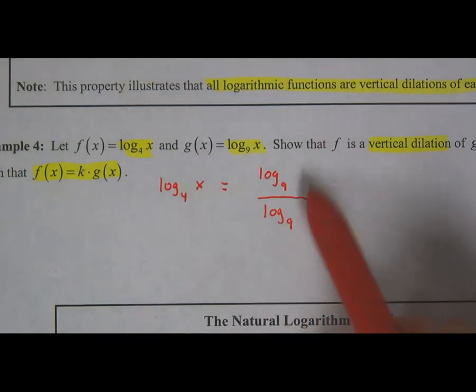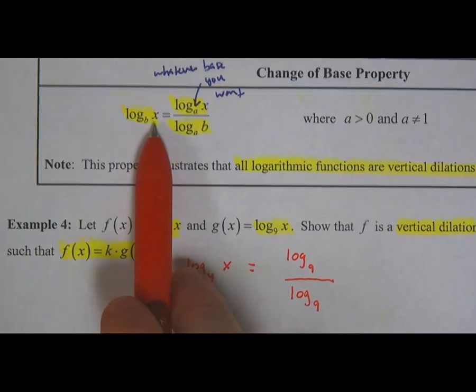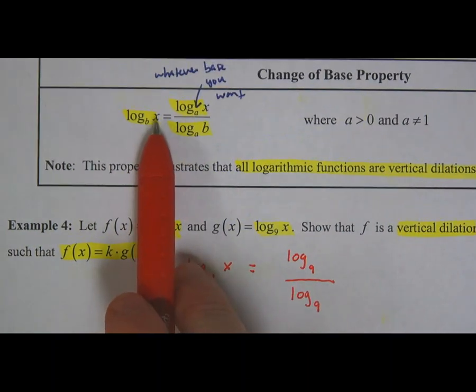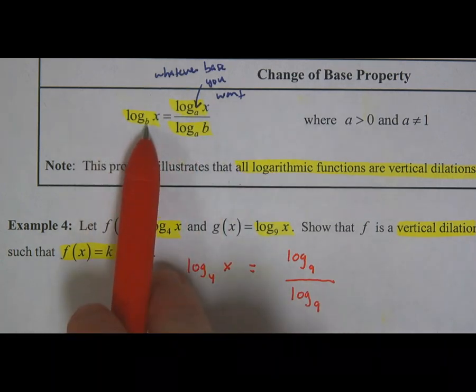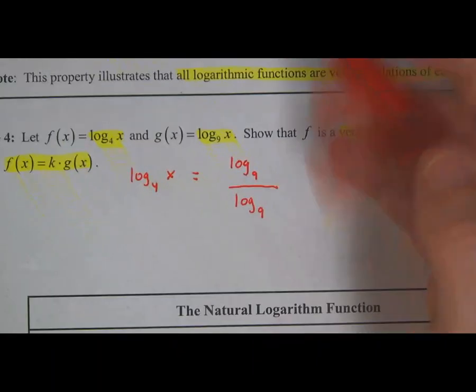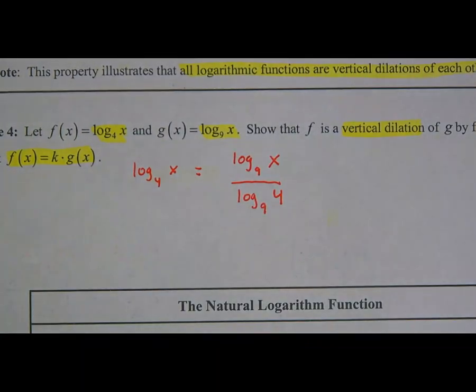But the arguments then are going to be, look at your change of base formula. Okay, x, this original argument, is going to go on top, and the original log base is going to become the argument of the bottom. So x is going to be up here, and 4 is going to be down here, because there's just a rule that says you're allowed to do that.